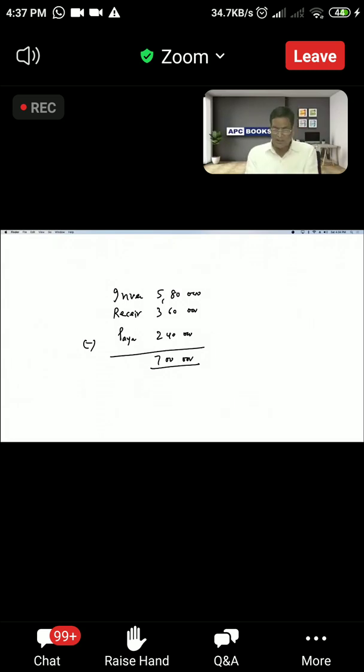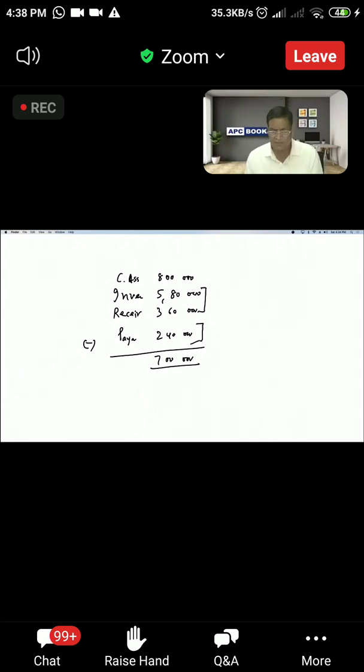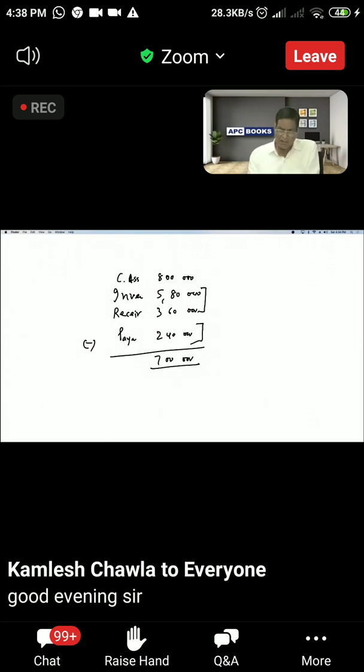Looking at it, it is very simple. Working capital is current assets minus current liabilities. Again, we have to emphasize. Suppose they say current assets 8 lakh and all these 4 figures: inventory 580, receivables 360, payables 240.